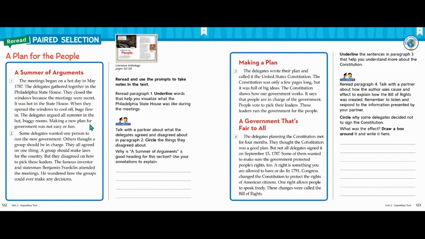So as I was reading this, there were a bunch of words that helped me to see in my brain what that Philadelphia State House was like. I saw closed windows, so I'm going to underline that. I also was able to visualize that it was hot, so I'm going to underline that.